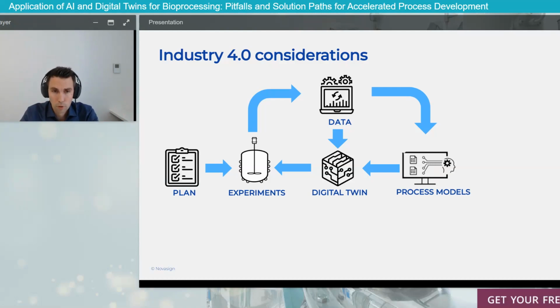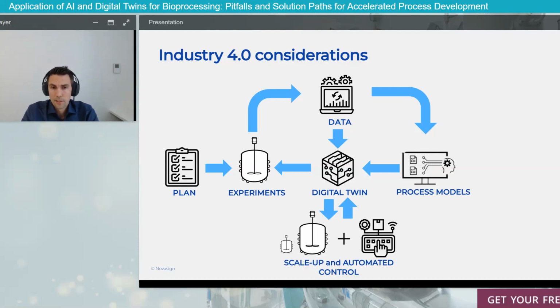You can follow this loop as long as you still want to improve your digital twin, either to be applicable for more scenarios or to optimize your process further. But once you have mastered this, once you're satisfied with the result, which is very similar to the slide I showed you before, you can then reuse this digital twin for scale up and automated process control.